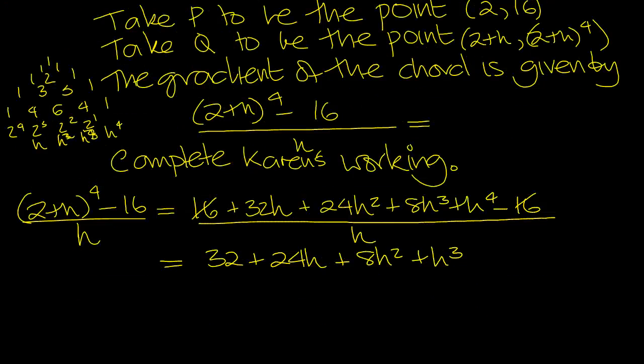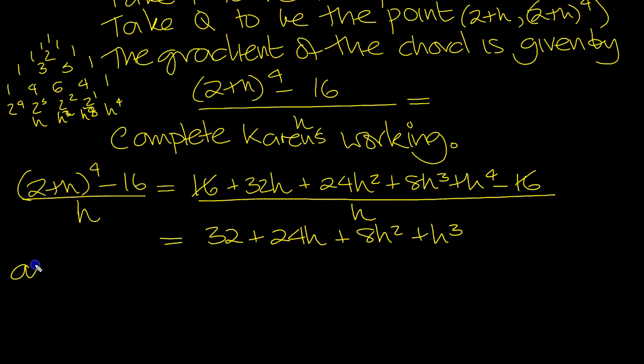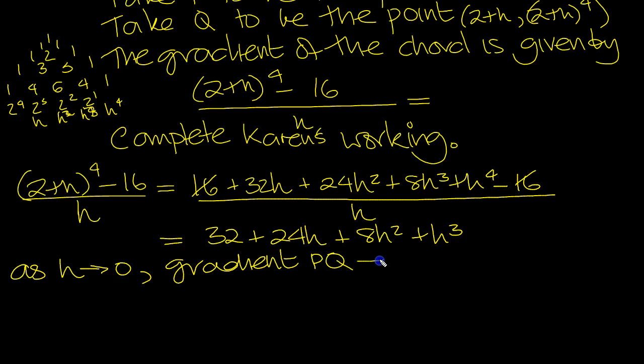As h tends to 0, gradient PQ tends to 32. That's what we've got here.